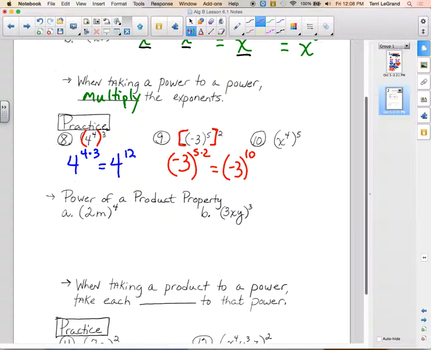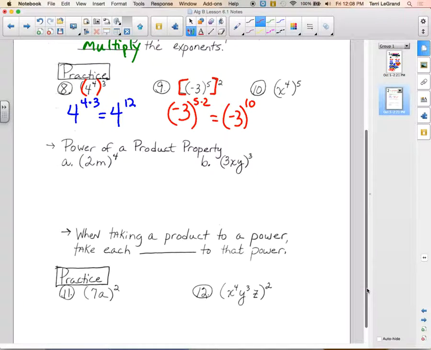Another question? Isaac, what's your question? The brackets around the -3 to the 5th power kind of confused me. Okay, so you know what we can do? They could be written like this too, so maybe this would be less confusing: a bigger set of parentheses with another set of parentheses inside of it.